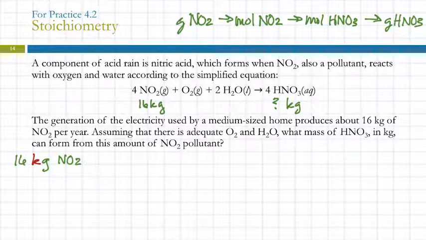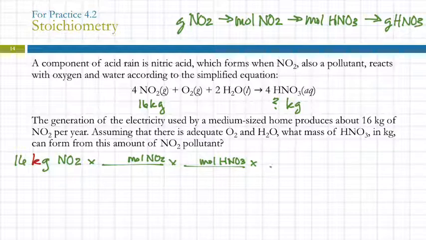I'm just going to let it sit there. So I'm going to pretend that the red thing doesn't exist for now, and I'm just going to go grams to moles to moles to grams. So grams of NO2 to moles of NO2 to moles of nitric acid to grams of nitric acid.